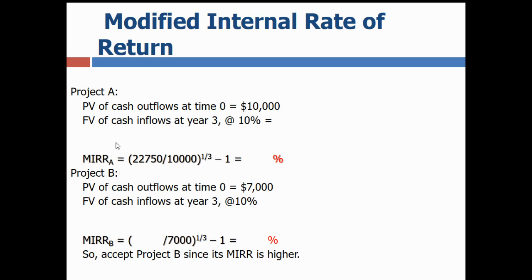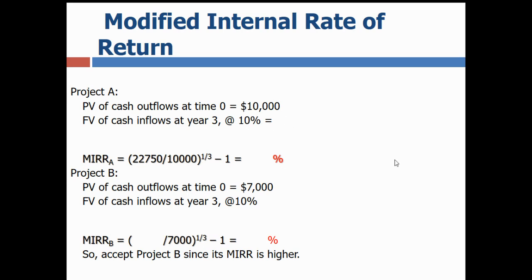So class, you can start writing it down. This is the first year, 5,000. So write 5,000 times 1.1 to the power of 2.